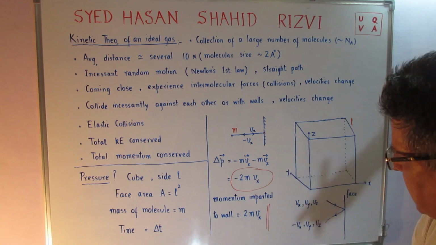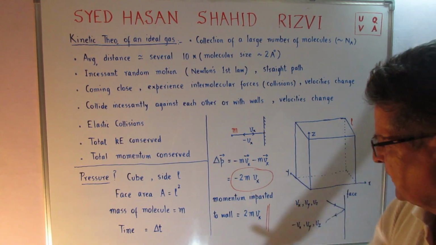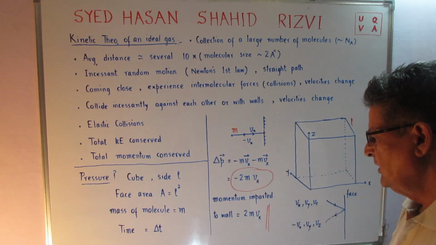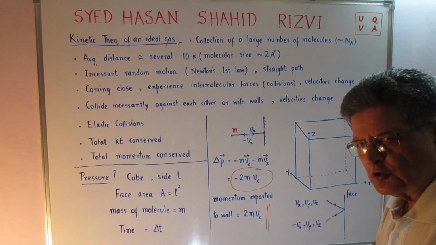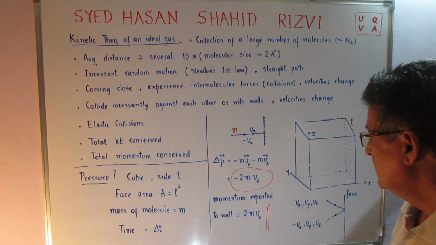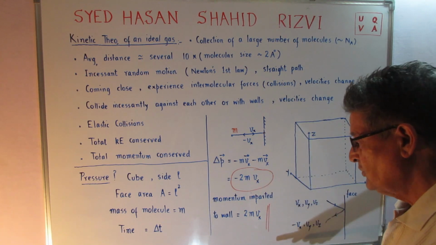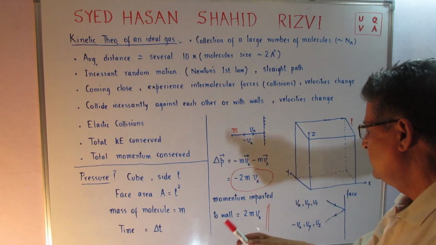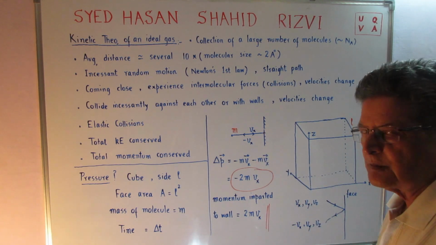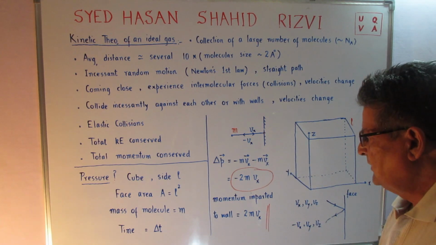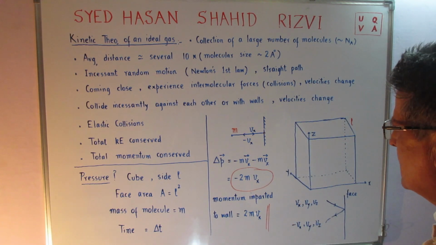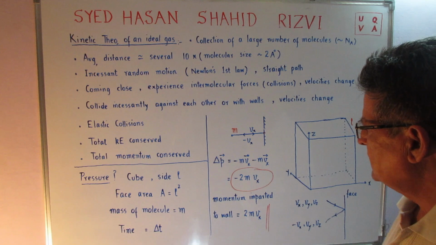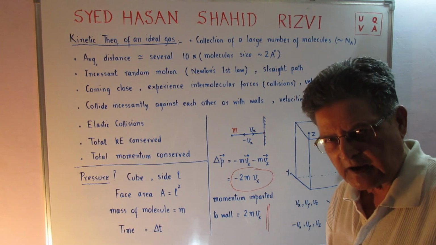So what will happen? The momentum is there and there is a time in which this is taking place, so we can talk about the rate of change of momentum, so that there is a force, and when the force is there, we calculate the force and then divide it by the area of cross section of the system, and consider that whatever we are doing in the x direction is true for the y direction and also true for the z direction.